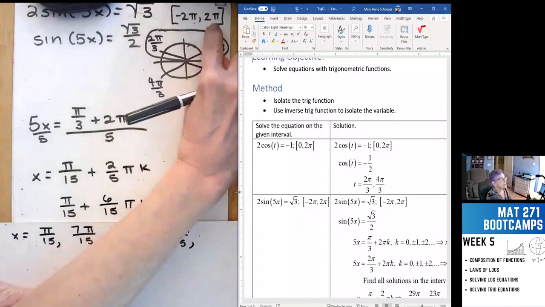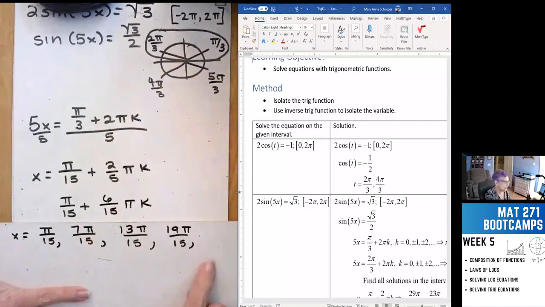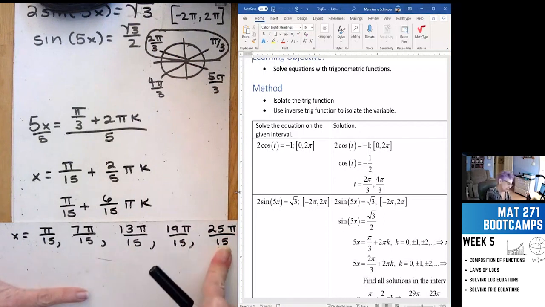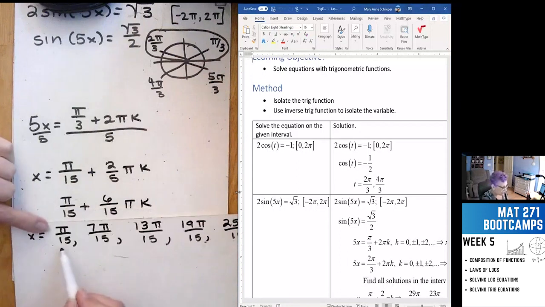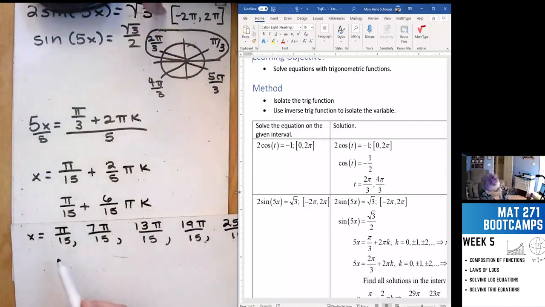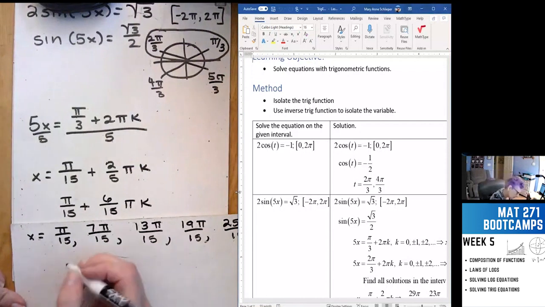And I'm going to stop as soon as I get to 2 pi. So when I add another 6 pi over 15, I get 25 pi over 15. So that's all the ones between 0 and 2 pi. Now I need to subtract so I can find the ones between negative 2 pi and 0. There are going to be a boatload of answers to this question.